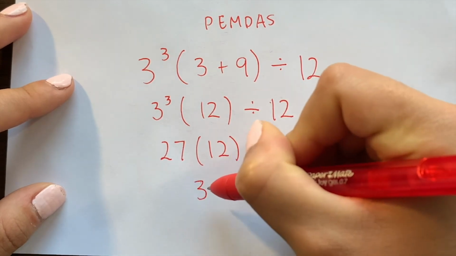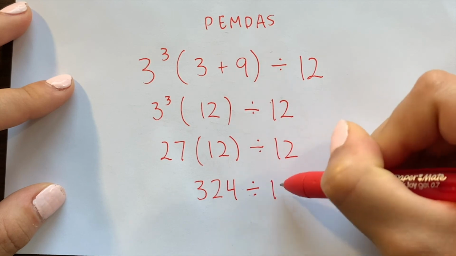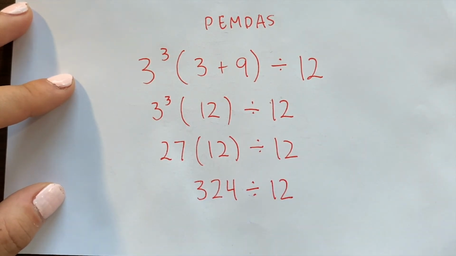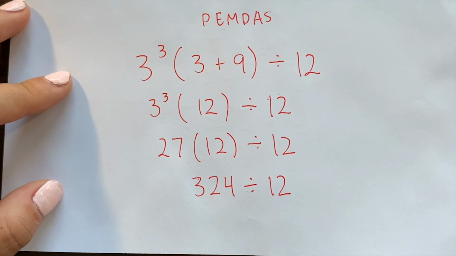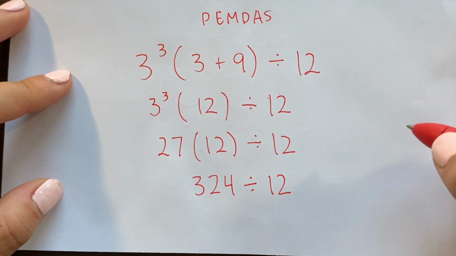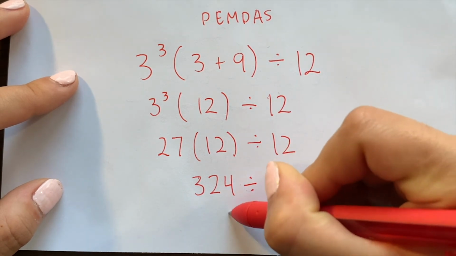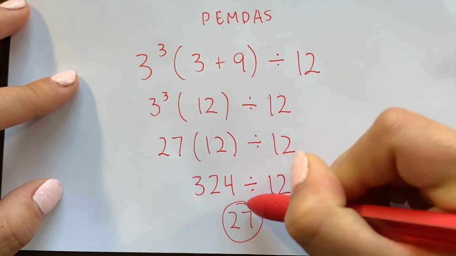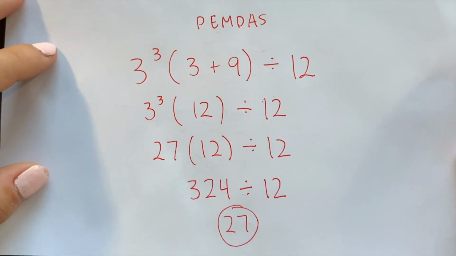It will give you 324, and you divide that by 12, and again you can go ahead and plug all of this into the calculator because we're working with big numbers now. And 324 divided by 12 gives you 27, and that would be the final answer for this problem.